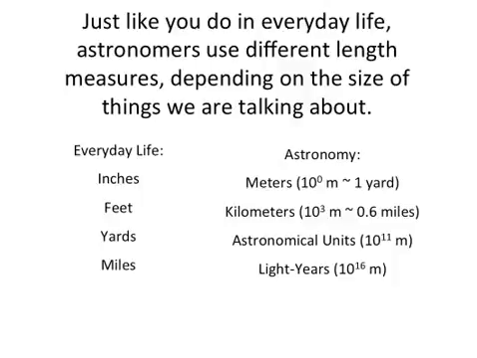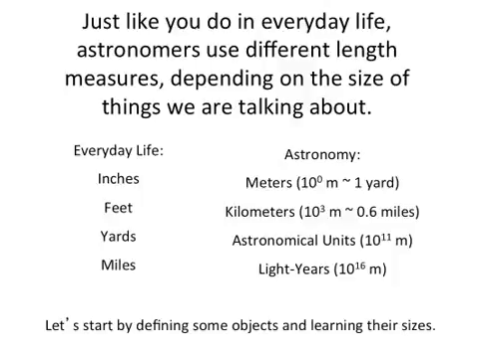For larger objects or larger distances, we often will use something called an astronomical unit, which is the average distance between the Earth and the Sun. And the largest unit astronomers use is something called a light year, which is the distance that light travels in 1 year. Again, we could use meters for all of these, but we pick something a little more convenient so that we can talk about a few light years and not a few times 10 to the 16 meters.